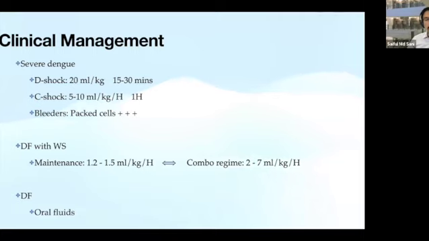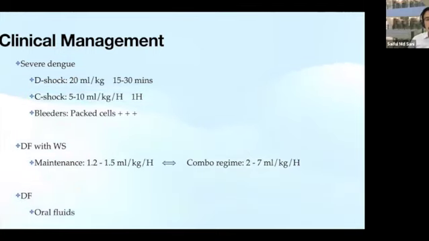Now, the patients who get admitted to the hospital without entering the critical care units are patients with dengue with warning signs alone. Now, this is a huge spectrum of patients, from patients who have only a single warning sign to multiple warning signs, but without any features of severe dengue.